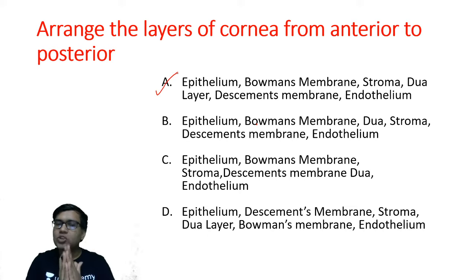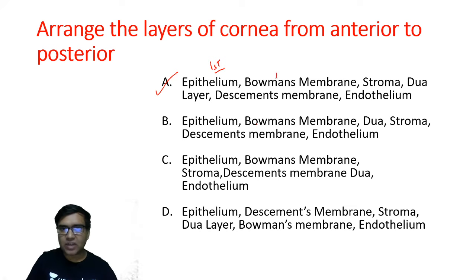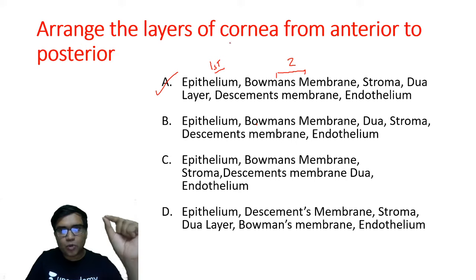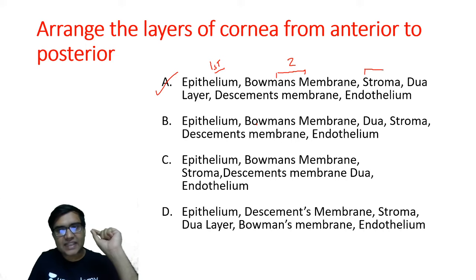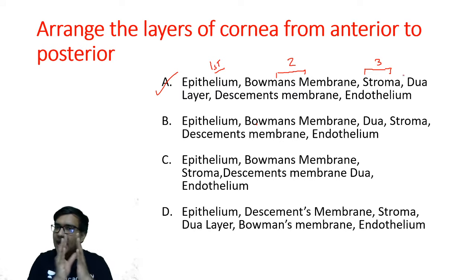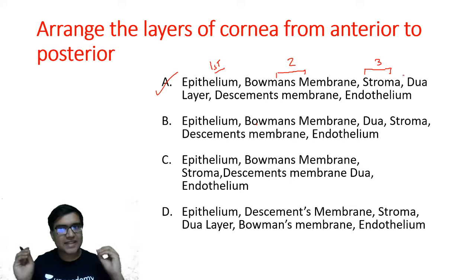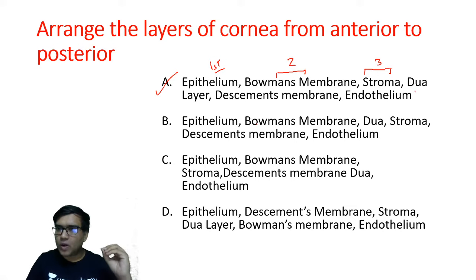A. The first layer of the cornea is the epithelium. Beneath the epithelium we have the acellular layer, that is the Bowman's membrane. After the Bowman's membrane there is the thickest layer of cornea, that is the stroma, and now a new layer described by Dr. Harminder Dua is called Dua's layer.